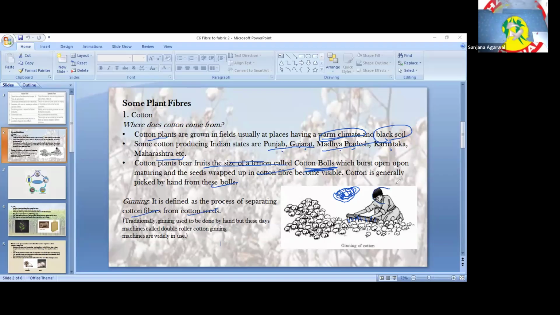So this boy is actually ginning the cotton. Nowadays we have machines for this purpose, called double roller cotton ginning machines. But earlier, people used to do it by hand.